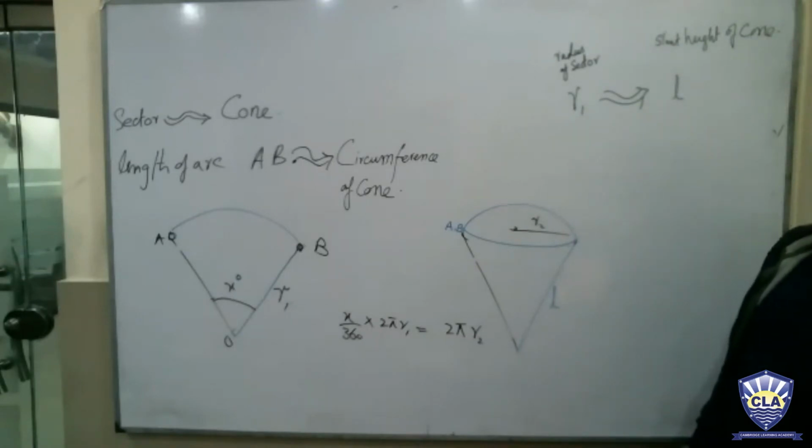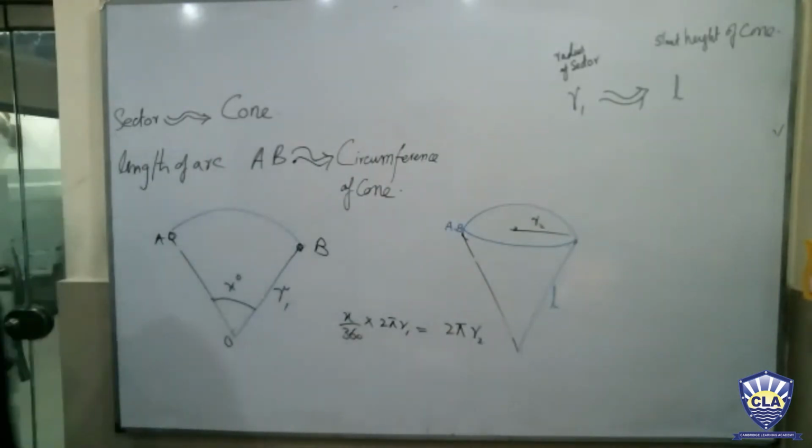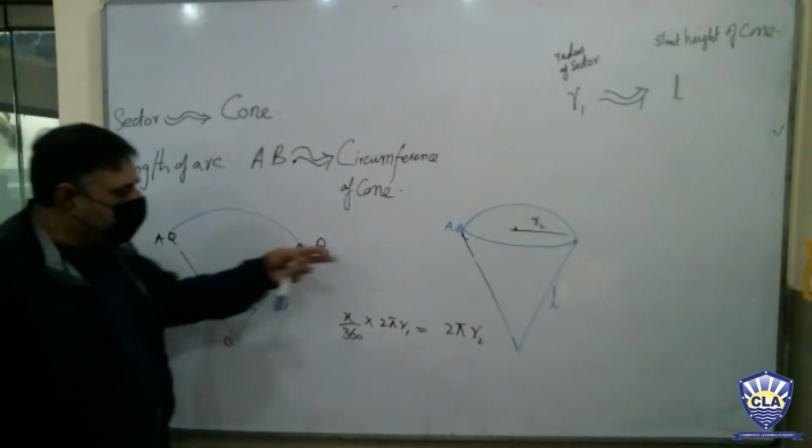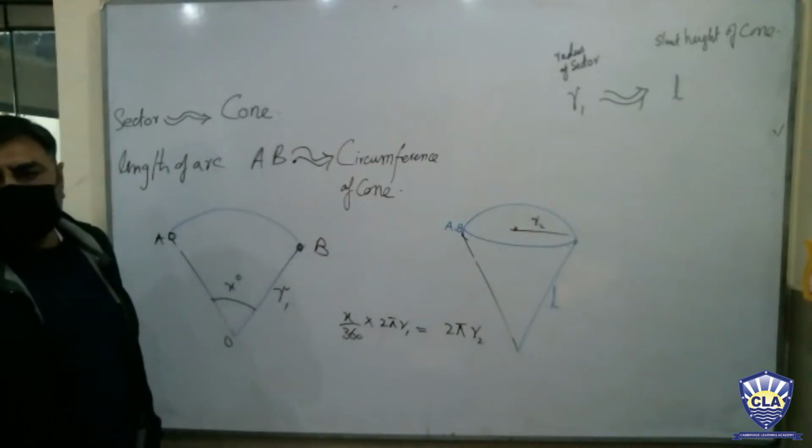So please, conversion is very important. Many times they give you the sector and ask you to find the volume of the cone when it is converted. When it is converted to a cone, find the volume of the cone and the surface area of the cone.